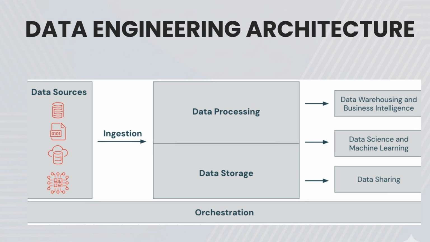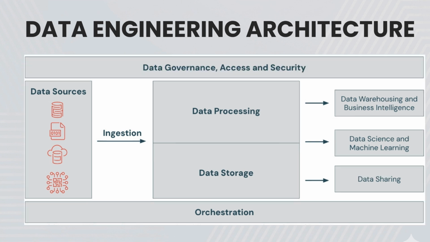Data orchestration. As a data engineer, it's crucial to orchestrate workloads effectively by building, automating, and maintaining data pipelines for reusability. Data governance. Lastly, doing this while managing data governance, access, and security to maintain the integrity and protection of the data.